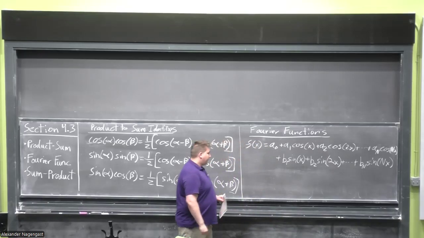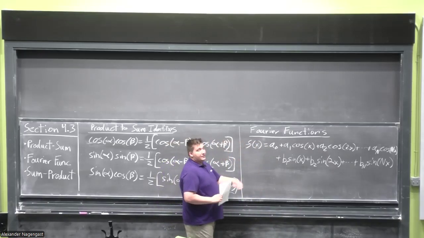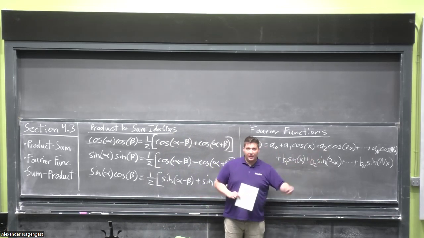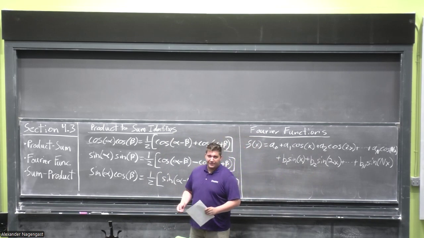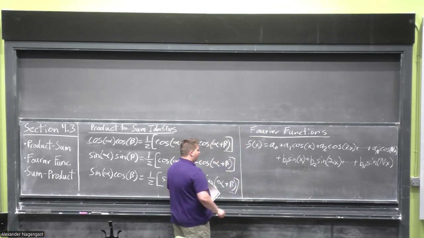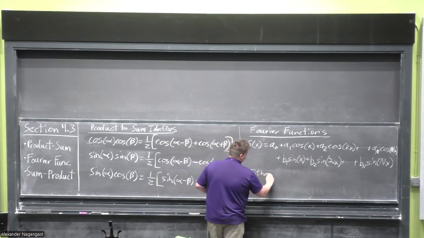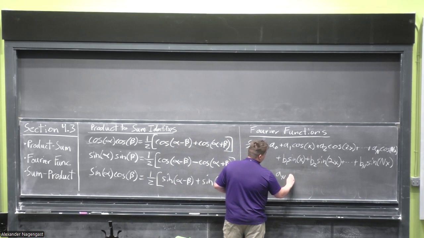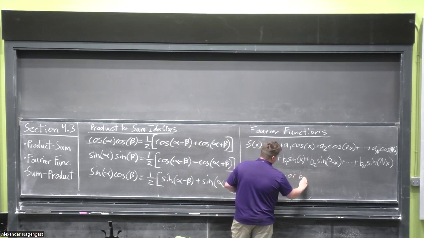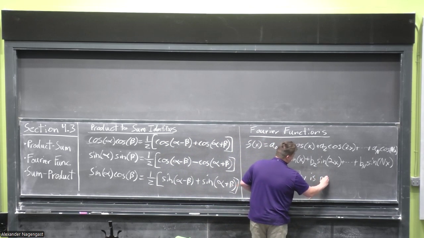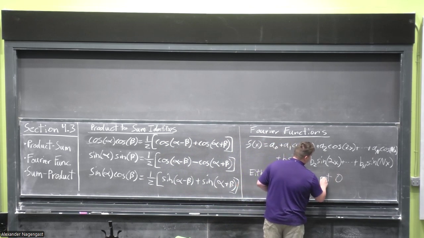Now, some things to note is that a0, a1, all the way to an, b1, all the way to bn, they're all constants with the condition that either an or bn is not 0.